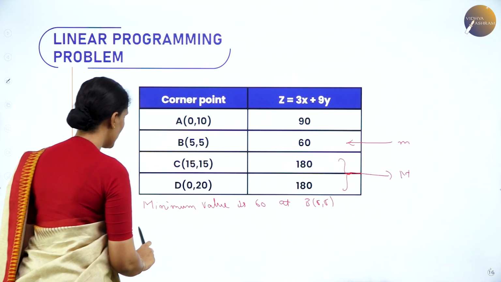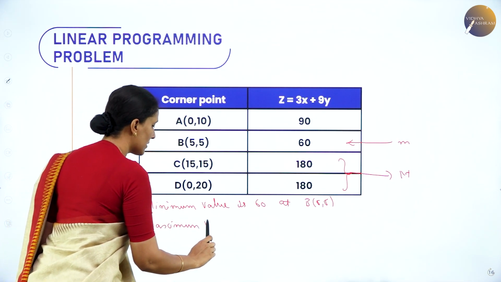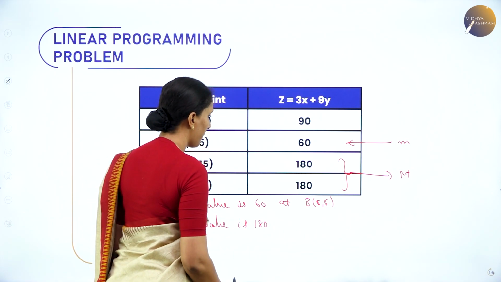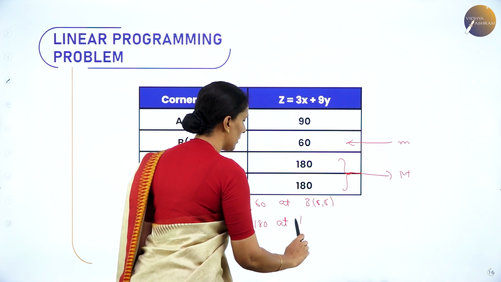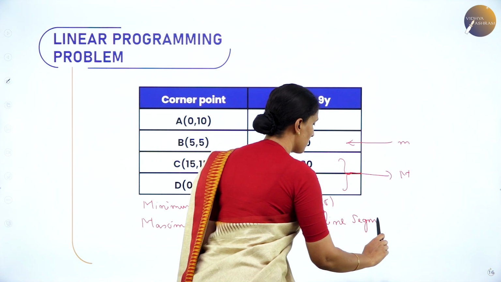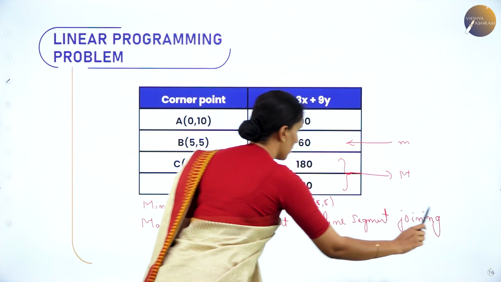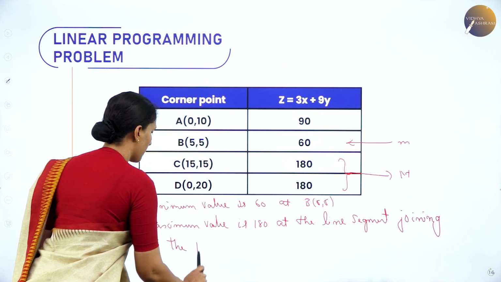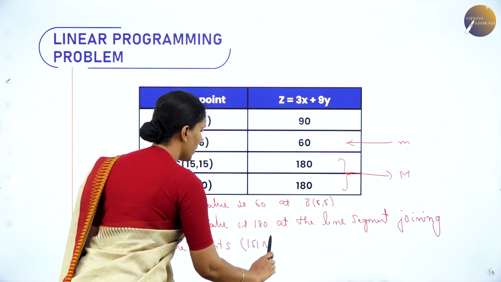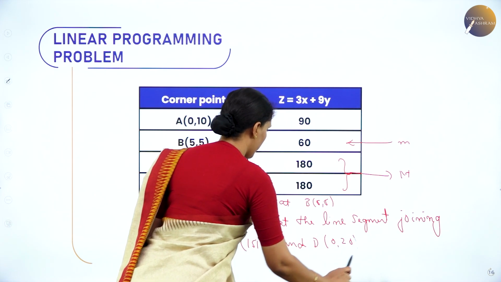So how to conclude this? Maximum value is 180 at the line segment joining the points C 15, 15 and D 0, 20.